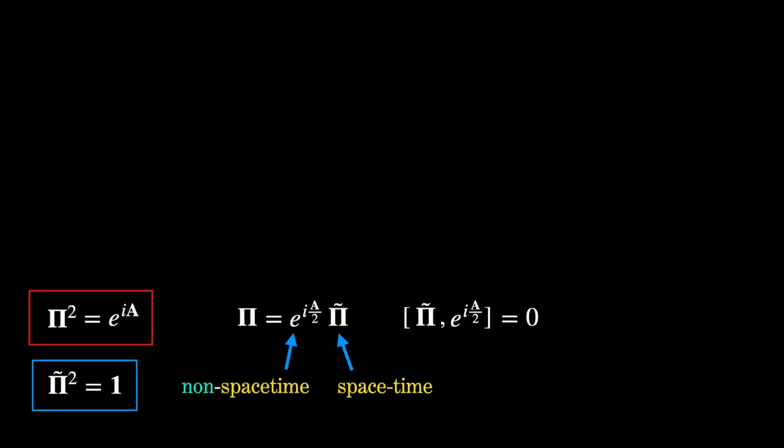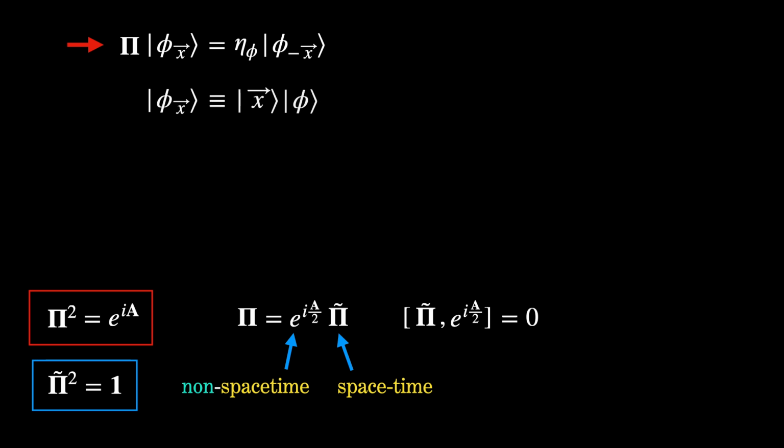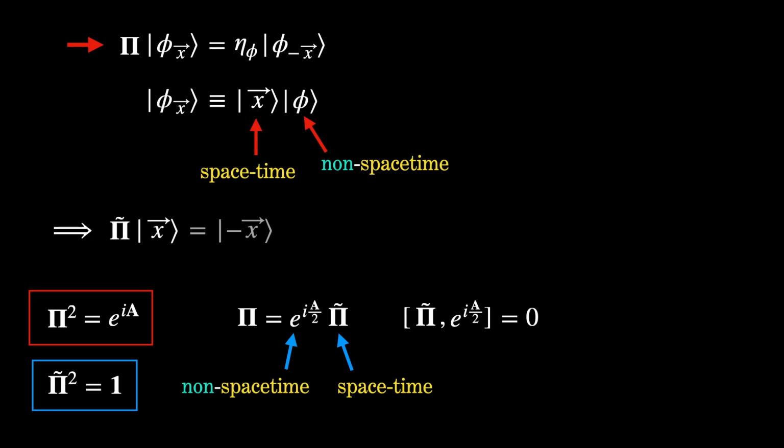We can apply this factorized operator on the earlier state, which is factorized in the same way. The spacetime operator pi tilde is the one which effects the non-trivial transformation of the position state, which is the defining action of a parity transformation.